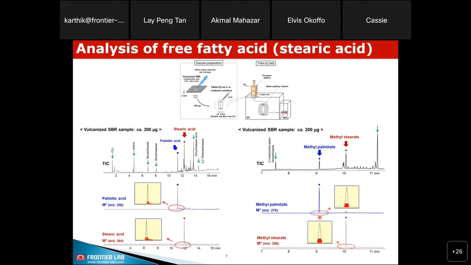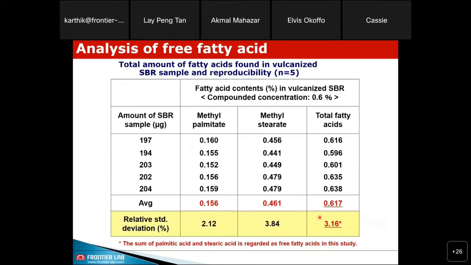So this is one example where the stearic acid in the rubber sample is done through this in situ hydrolysis and methylation using this TMAH, tetramethylammonium hydroxide. And we have shown the reproducibility because that was the main objective of using this hydrolysis and methylation.